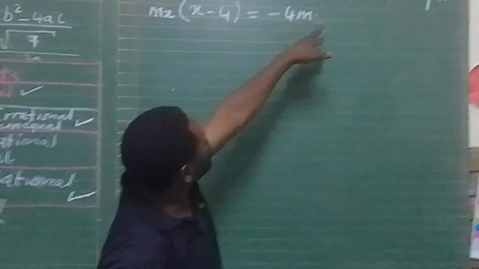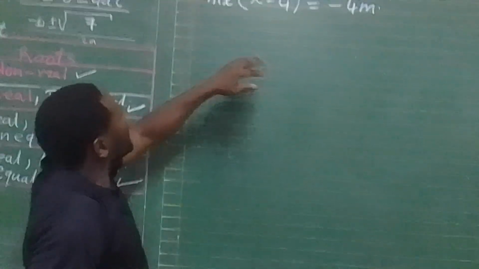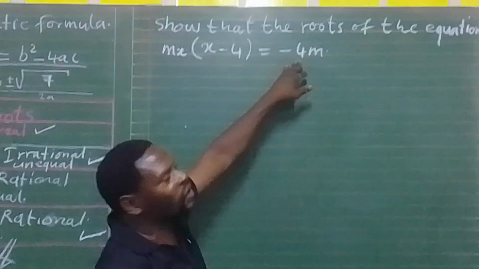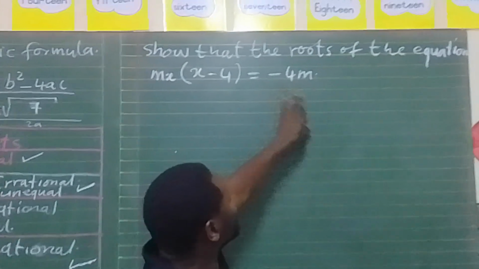Show that the roots of the equation mx into x minus 4 is equals to minus 4m.